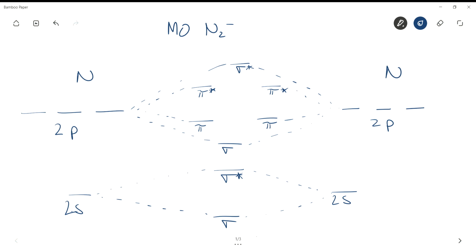In order to do this, you need to think about how many electrons each nitrogen has in its atomic orbitals. And then we need to draw out the atomic orbitals like I have. The atomic orbitals are on the outside, and the molecular orbitals are in the middle.